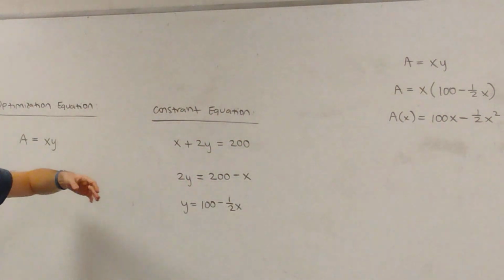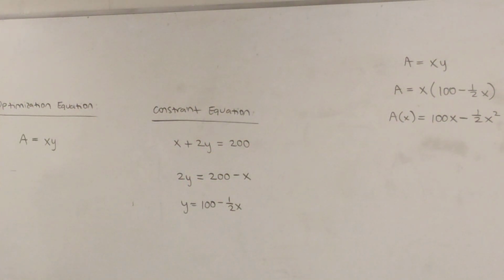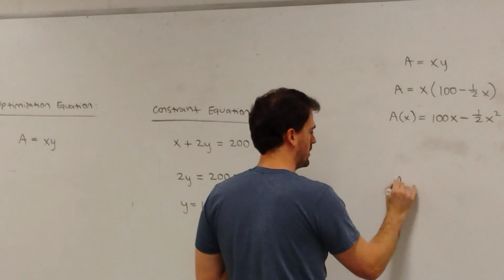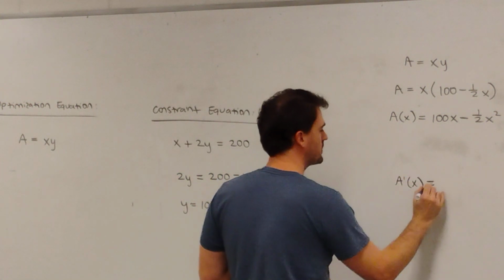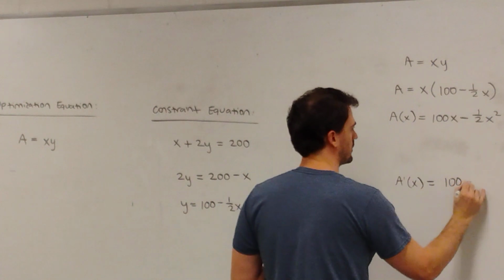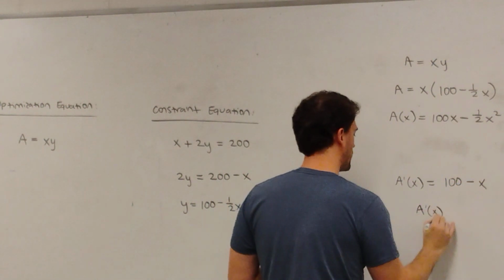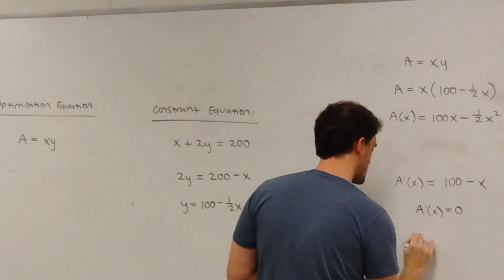If you want the maximum area, you can just take the derivative, find the critical point, and find the maximum. So take the derivative, find the critical point, so set the derivative equal to 0.